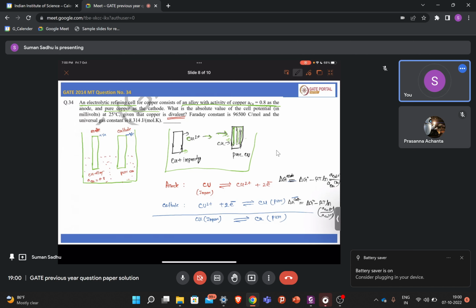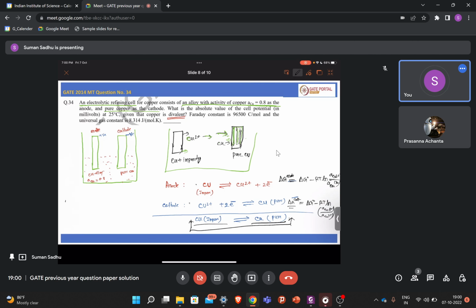Now, what will be the delta G for the cell? The total cell: these are the half cell reactions and this is the cell reaction, impure copper to pure copper, right?